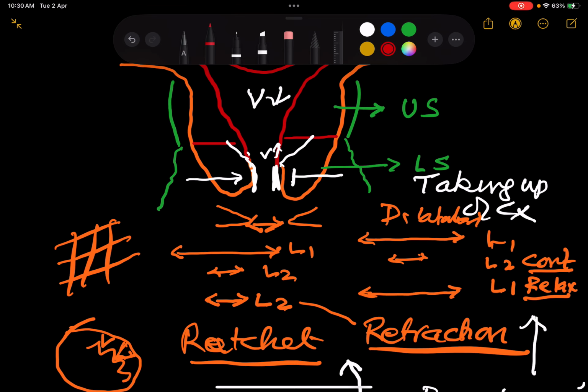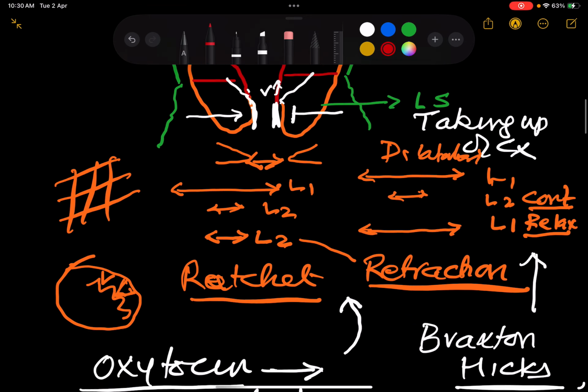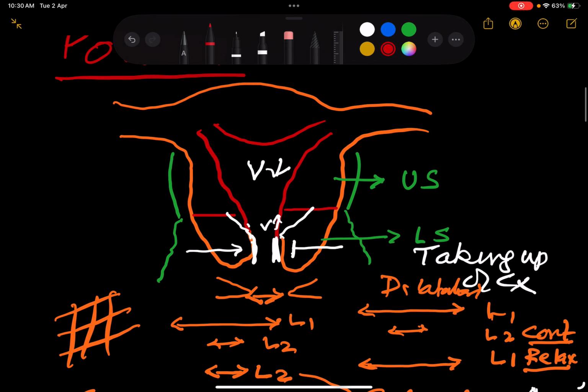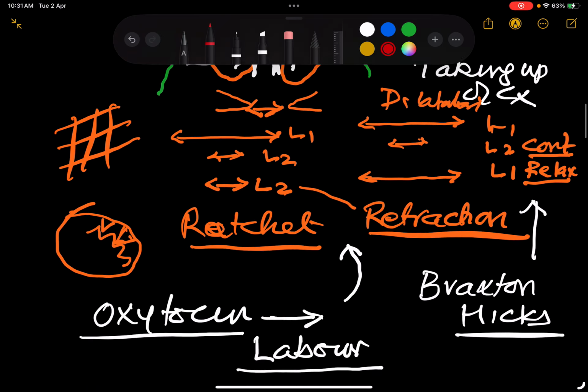Gradually the cervix takes up, that means merges into the lower segment, and then dilates till it is absolutely absent, and the uterus and the vagina become one passage. Then this decreasing volume, because of the ratchet mechanism, pushes the baby downwards.